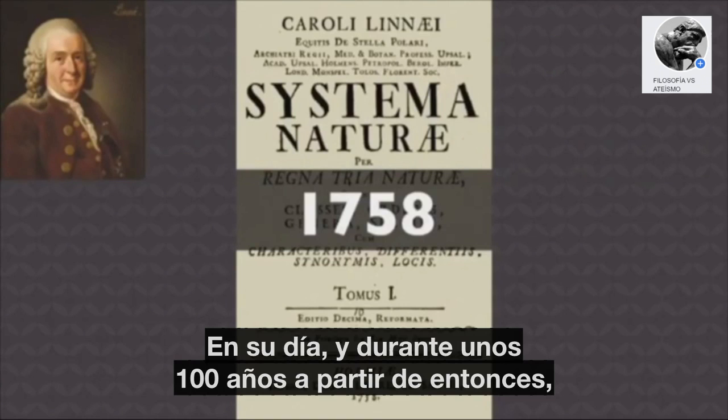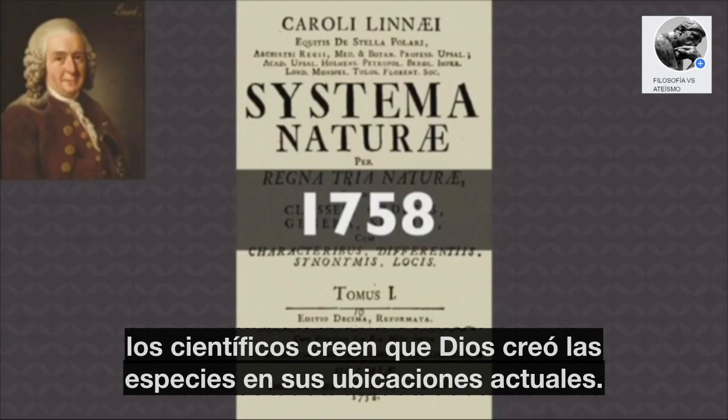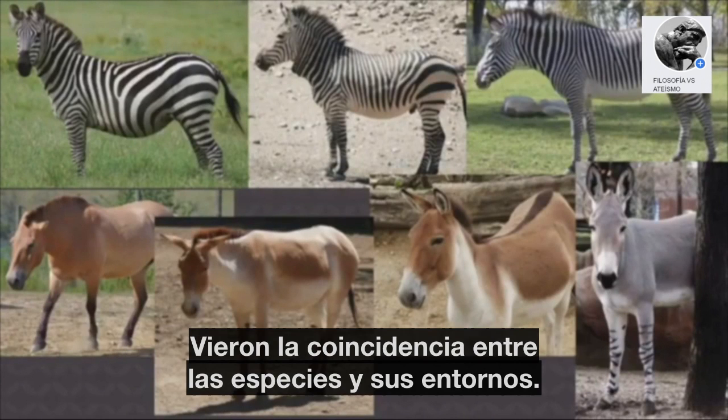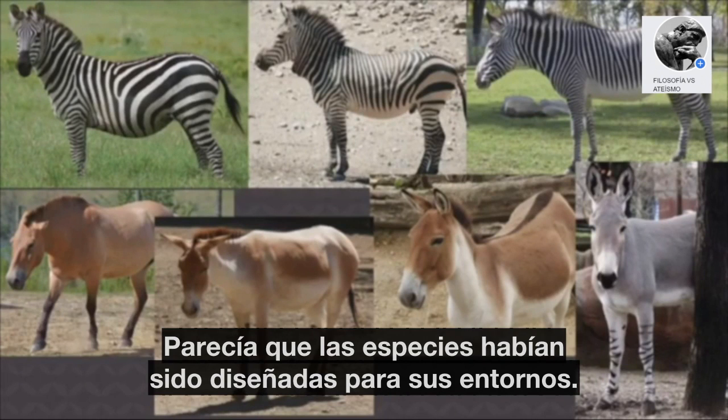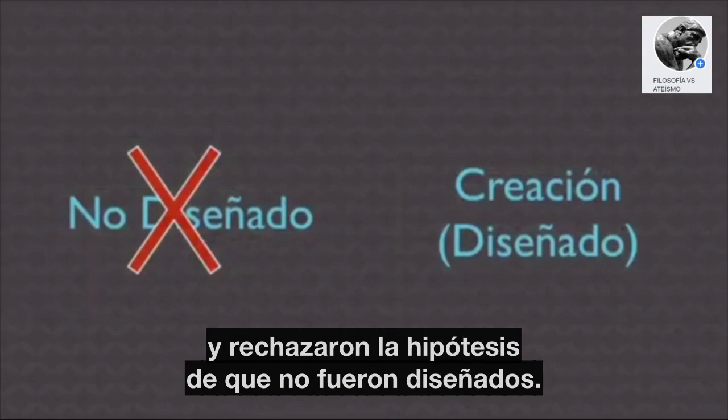In his day, and for about 100 years thereafter, scientists believed that God created species in their current locations. They saw the match between species and their environments. It looked as if species had been designed for their environments, and they reached the simple conclusion that God had designed them, and they rejected the hypothesis that they were not designed.